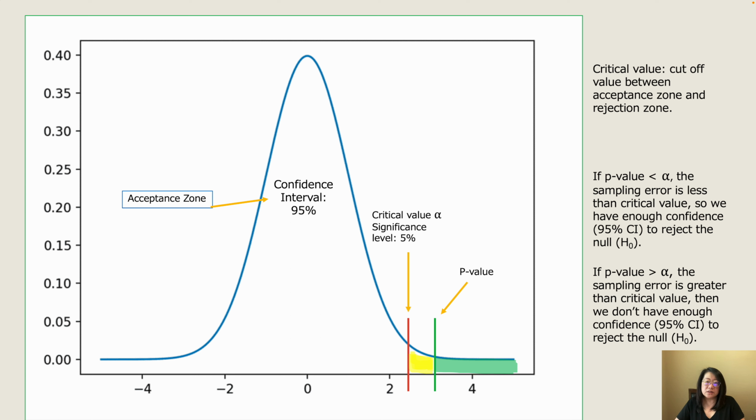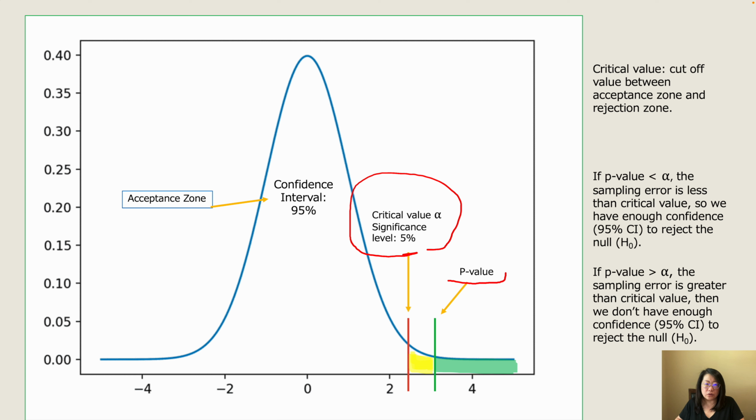So as mentioned, the alpha shows the significance level. So this red line and the yellow highlighted area, this whole area behind the red line, is the alpha value.